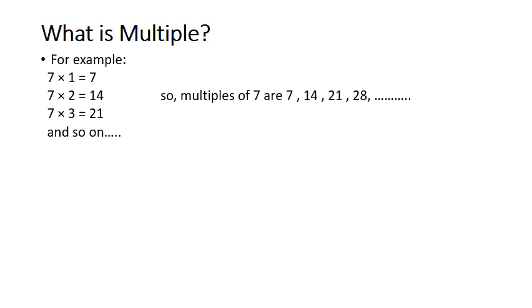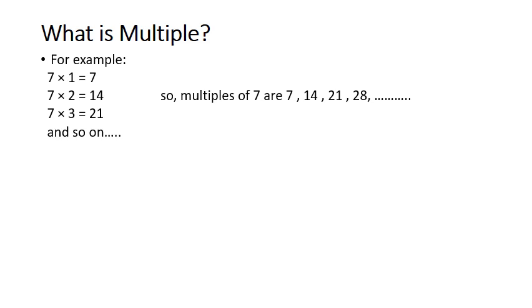Same way, if you observe the next calculation, that is 7 threes are 21. So 21 is a multiple of 7 and 3 both. So here you can say that multiples of 7 are 7, 14, 21, 28 and so on. It means you can find infinite multiples of a given number.